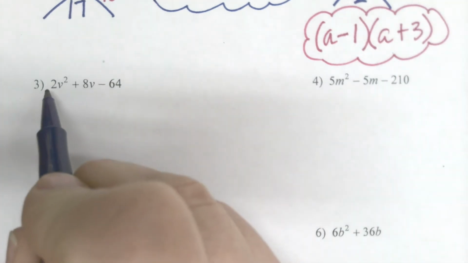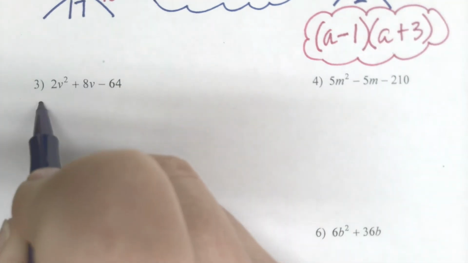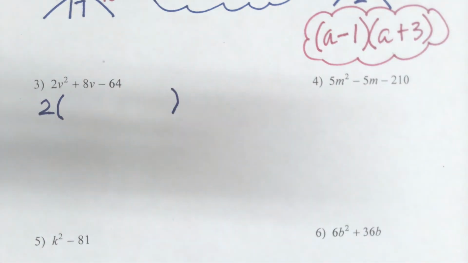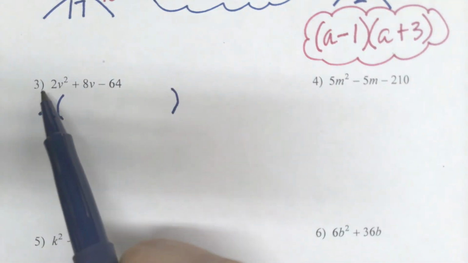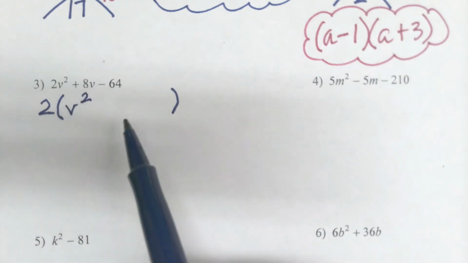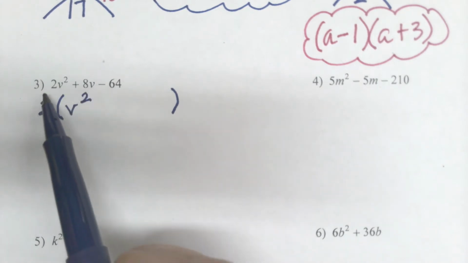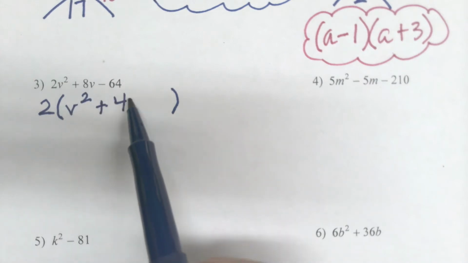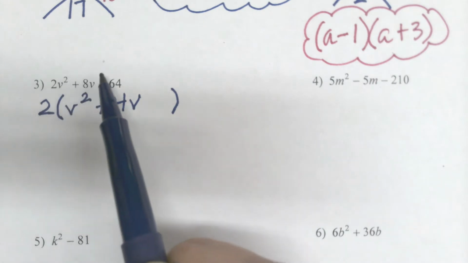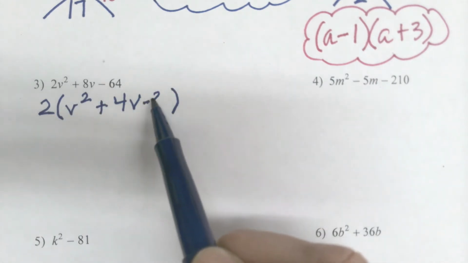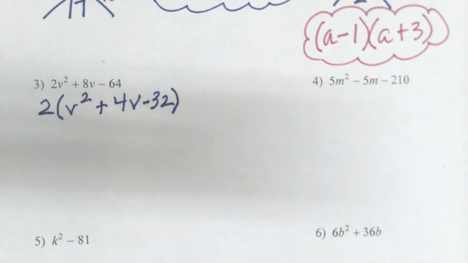Hopefully you recognize they're all even, so I can pull out a 2. So I'll put 2 in front, and then I have to figure out what I multiply 2 by to get 2v squared. That leaves me with a v squared. What do I multiply 2 by to get 8v? That leaves me with a 4v. What do I multiply 2 by to get -64? That leaves me with a -32.